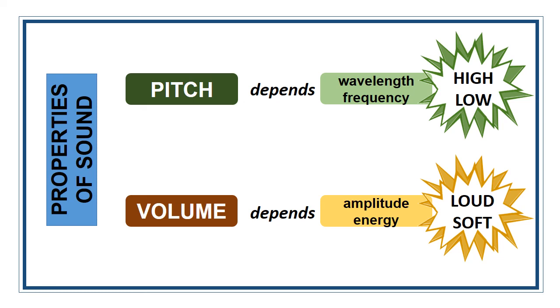Okay, now always remember these four words: high, low, loud, soft. So when we talk about high or low sound, we are talking about the pitch of the sound. And when we talk about loud and soft sound, we are talking about the volume of the sound.